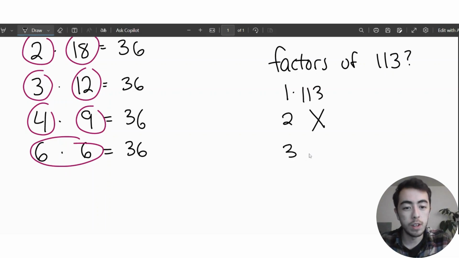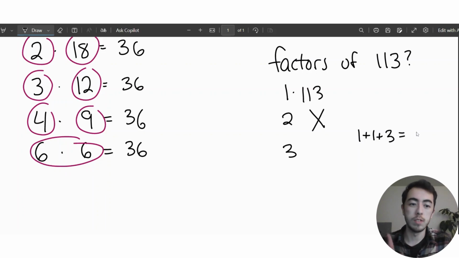If I try 3, there is a trick with 3s, where if you sum the digits of a number and the sum is also divisible by 3, then the original number is too. So if we take 1, 1, and 3 and add them up, we get a 5. It's not divisible by 3, though, so I know that 113 isn't.